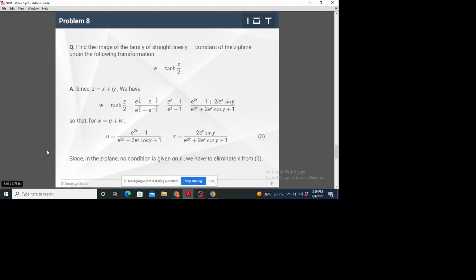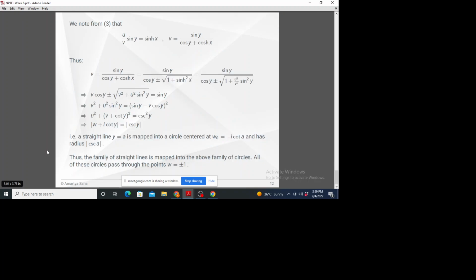So this is the answer, but if you look at the question in the assignment, none of the options actually corresponds to this conclusion. All the options are actually wrong.